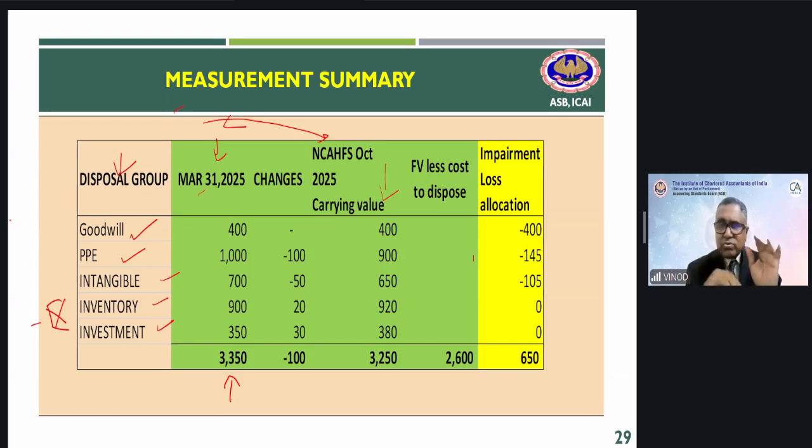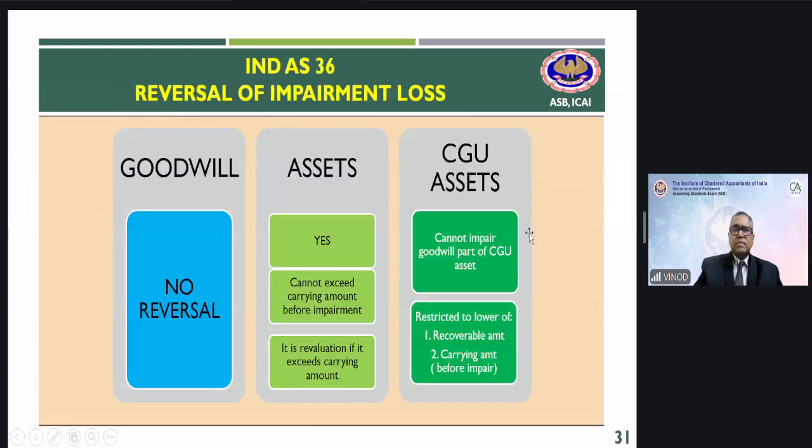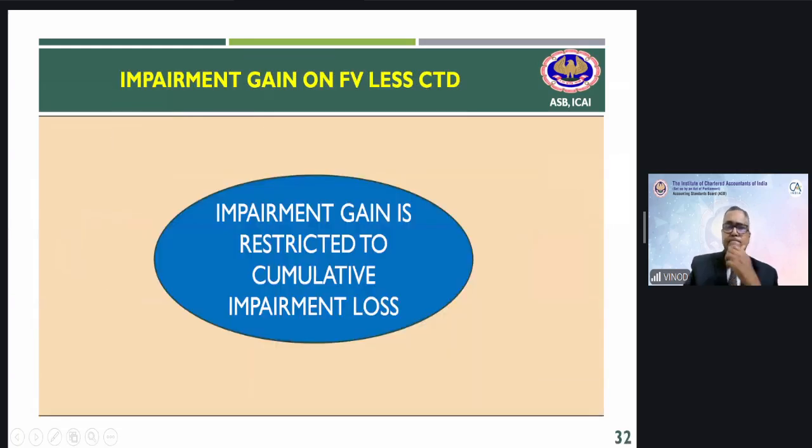Impairment gains are restricted to the extent of impairment loss. These are the principles to be followed for 105 accounting. Impairment gains, as we discussed, will be restricted to the cumulative impairment loss. You cannot do more gain than loss already debited.